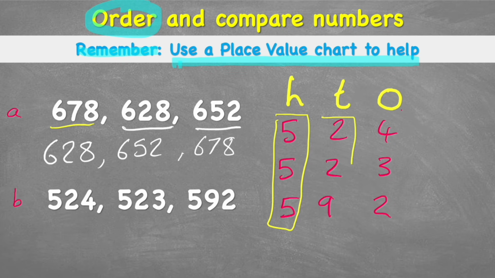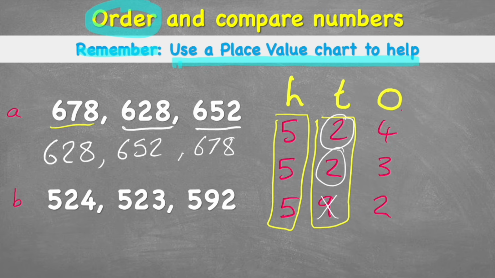Now when I look in the second column, the tens, I can see I have 2 2s. So now I can ignore this 9 for a moment because I'm just comparing the 2s, and I'll look in the column next door to see which one has the smaller ones, and we have a 3 here.